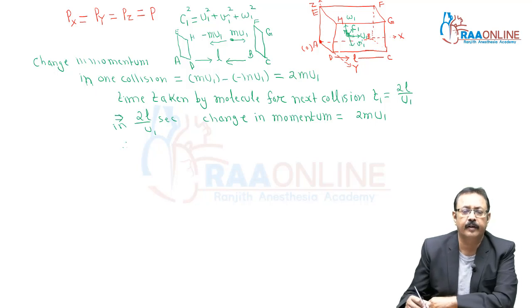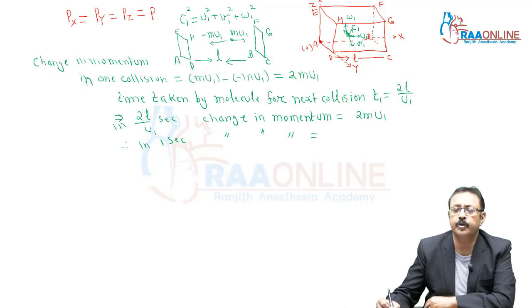Therefore, in 1 second, the change in momentum should be 2mu1 divided by 2L by u1. So we are getting mu1 square by L.